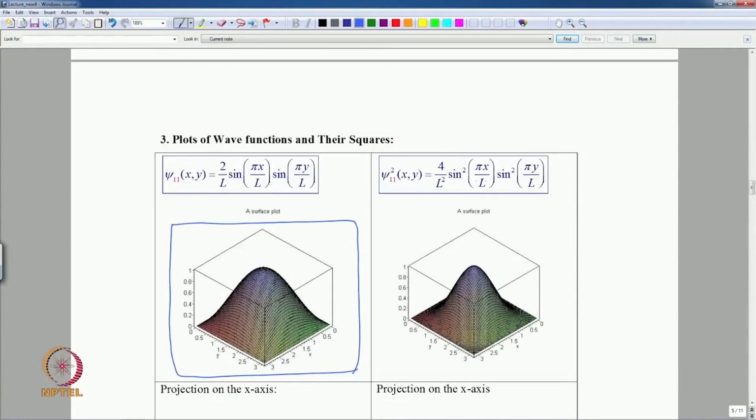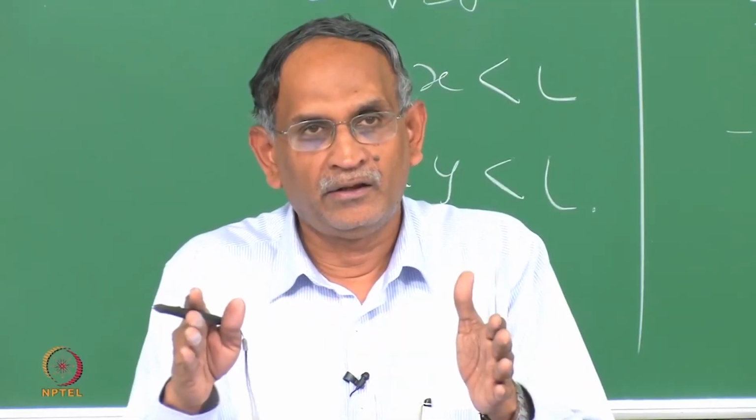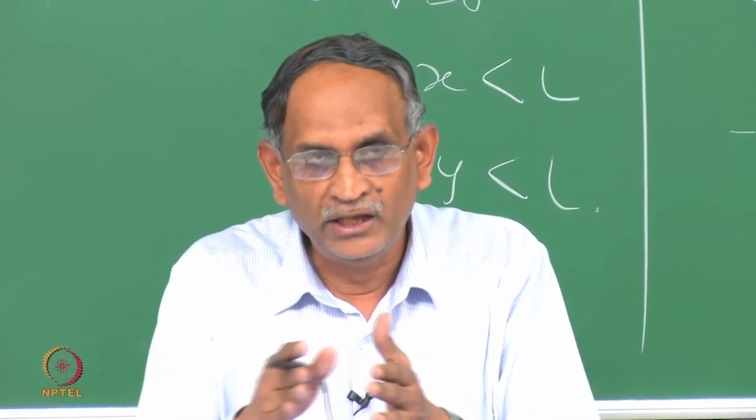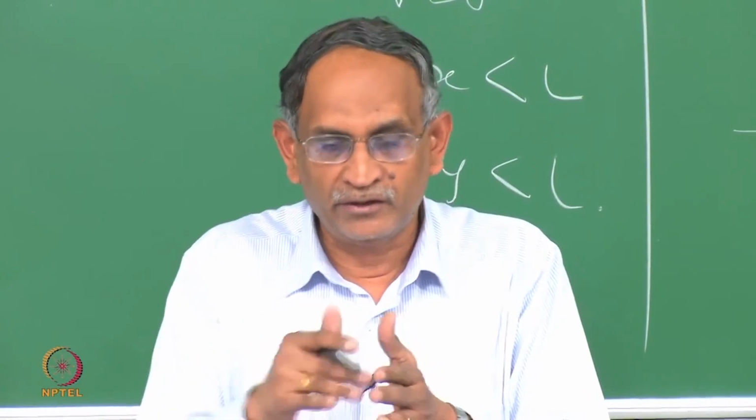The psi square is associated with the probability that the particle be found not in a small length region dx, but in a small area dx dy.